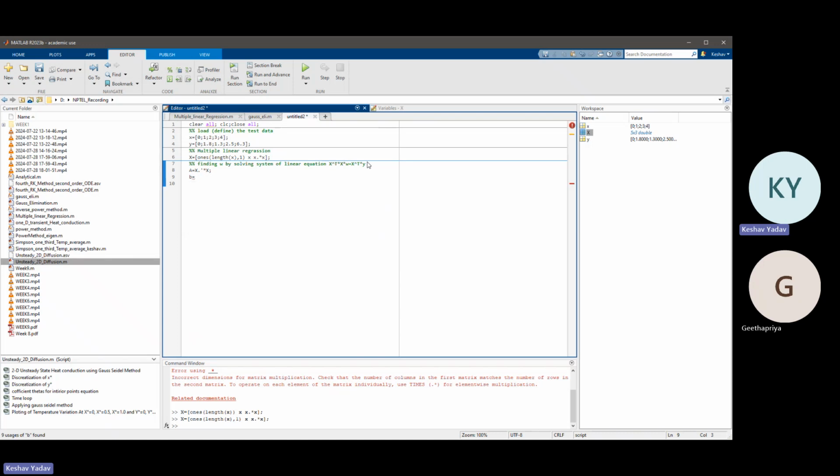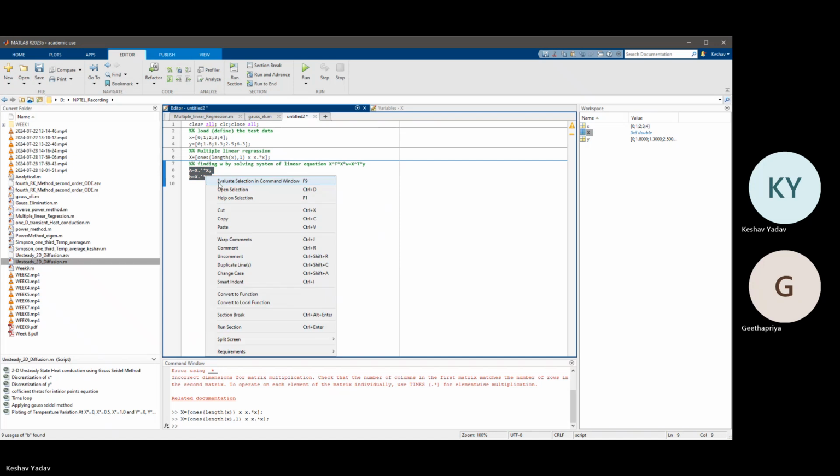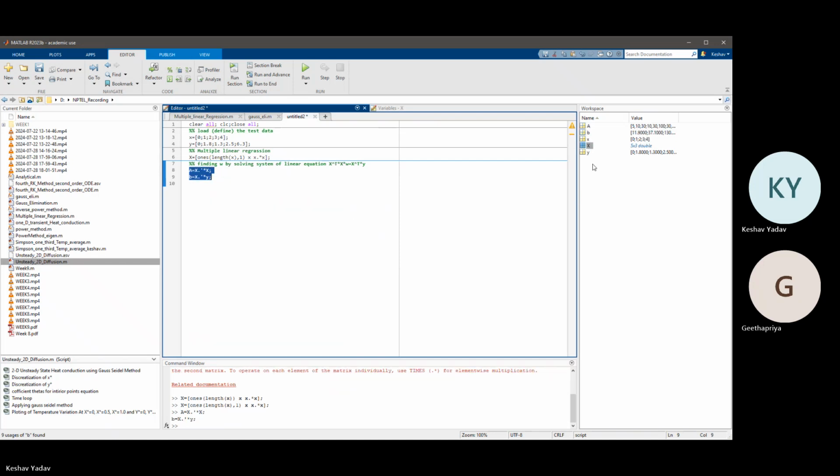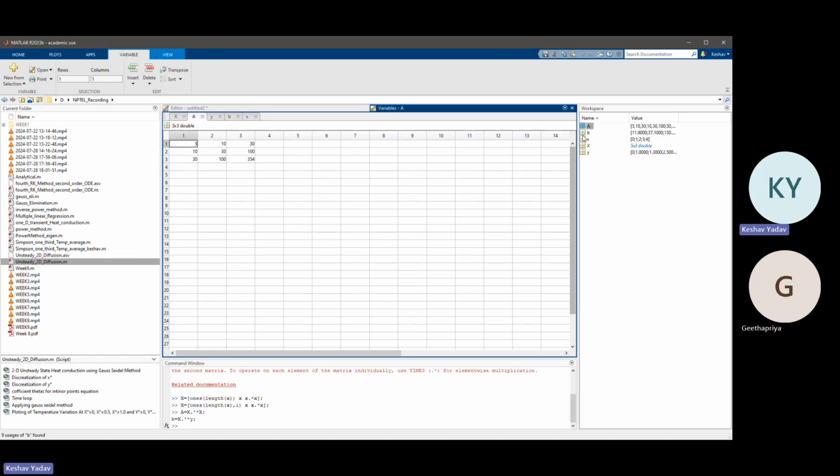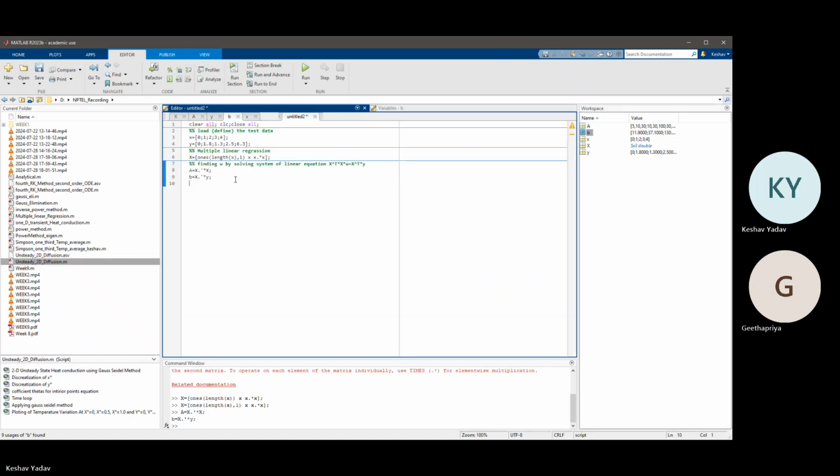X transpose multiplied by Y. This is my A and B. So A is 3 cross 3 and B is 3 cross 1.